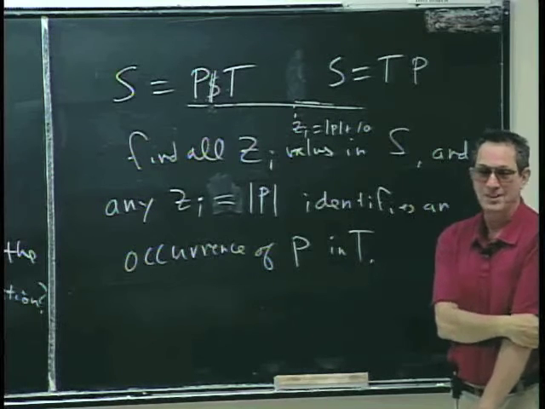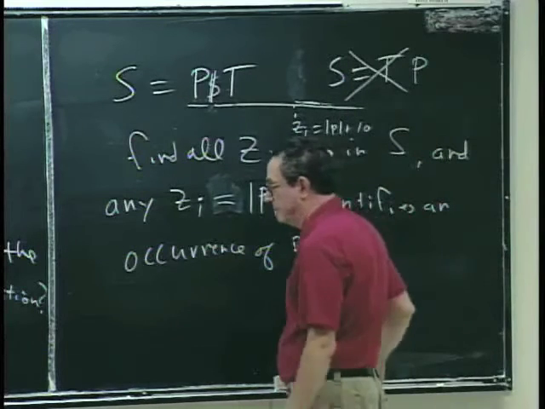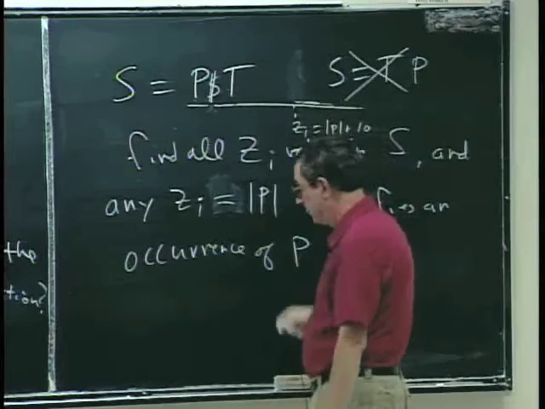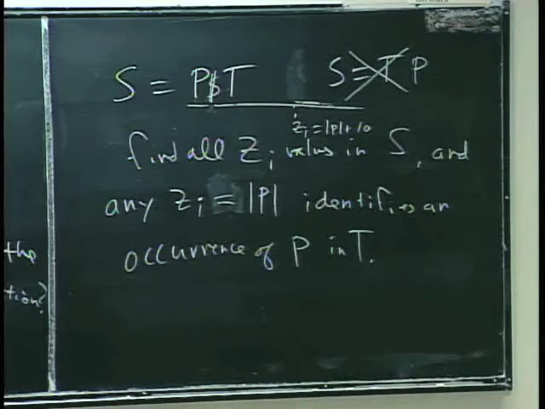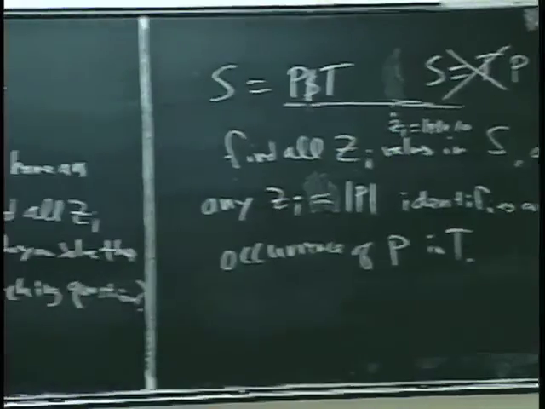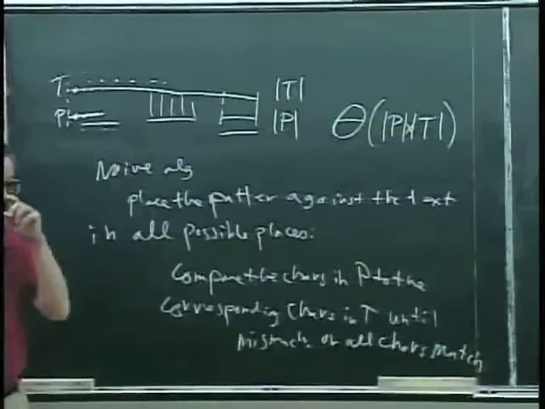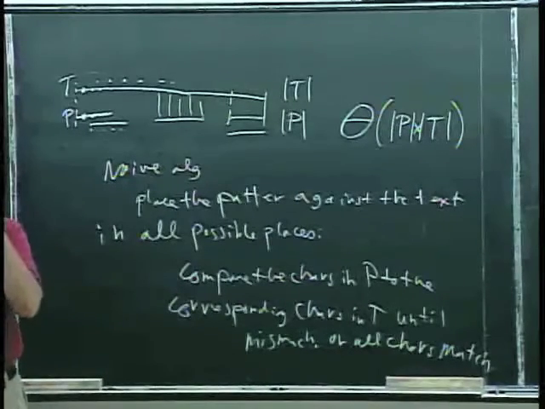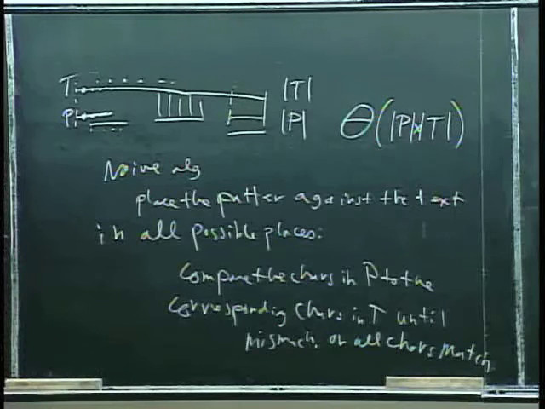No, it won't. So cross that out. It's not symmetric. We're looking for the pattern inside the text, and it works to make the pattern the prefix and not the other way around. Okay, so now I want to show you the actual algorithm that will find all the individual Z values in time proportional to the length of S.